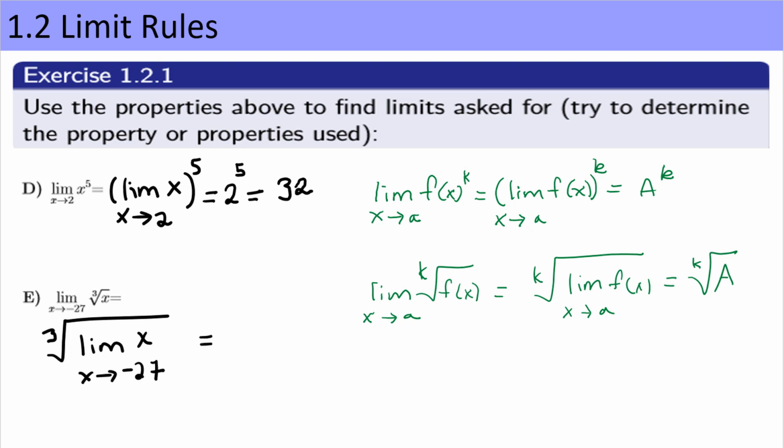We'll continue, and we will have the cube root of, and x is approaching the number negative 27, and the cube root of negative 27, when simplified, is just negative 3.